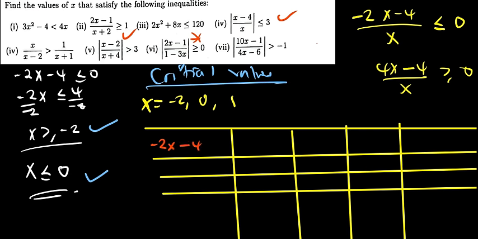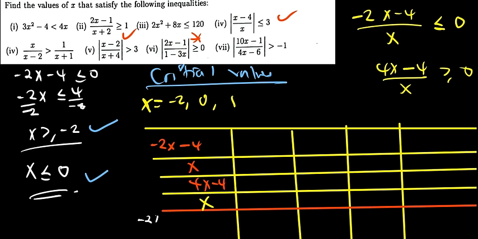Then again I'm going to get x, which is just down here. Then again here I'll get 4x minus 4. But again there's also x here. Even if they're the same, I'm going to write it twice. Again I'm going to put x here. Then here it's just a matter of me putting negative 2x minus 4 divided by x. I put them in brackets, the last one. Then even here 4x minus 4 divided by x, like that.